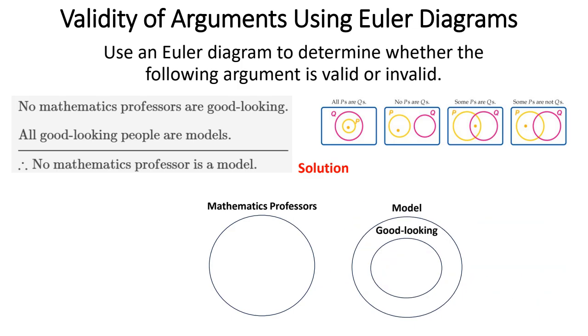Now what we have is these two situations. The first premise, you have your math professor and good looking circles not touching. And then you have your second premise, all good looking people are models.